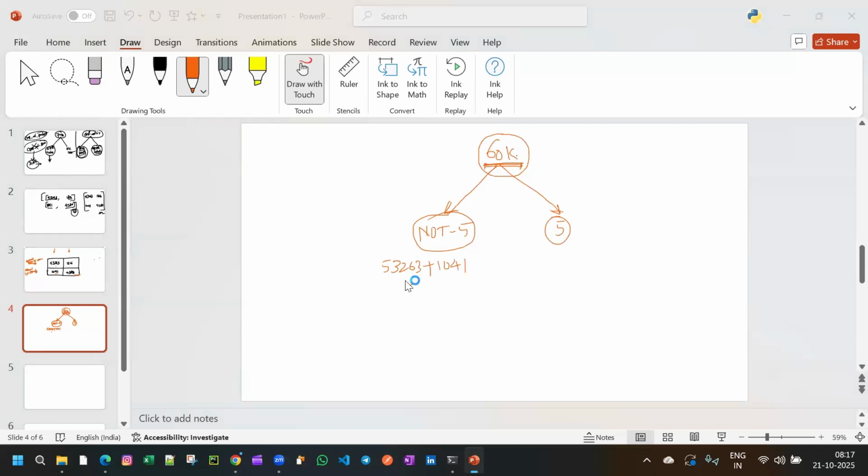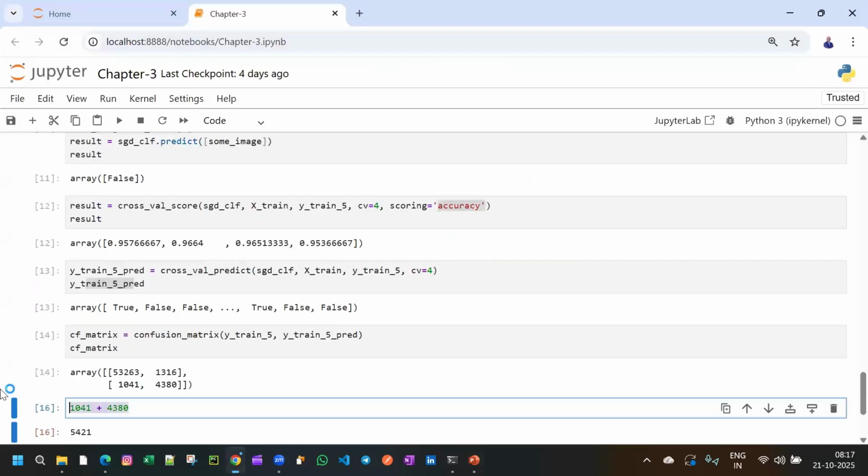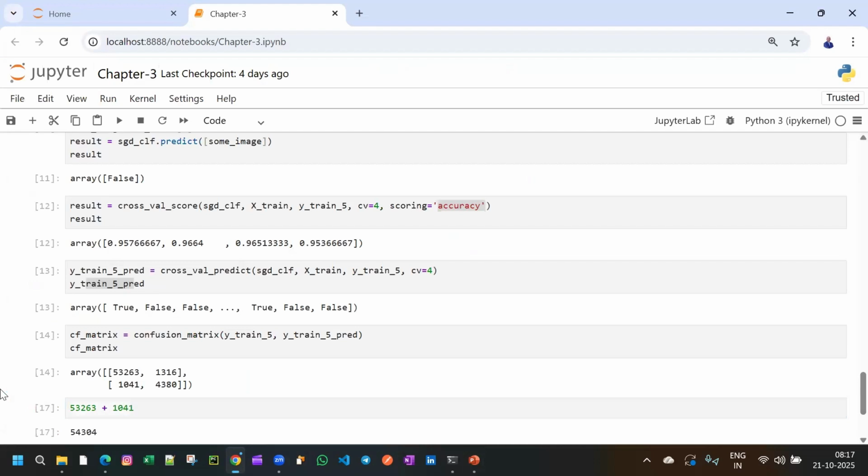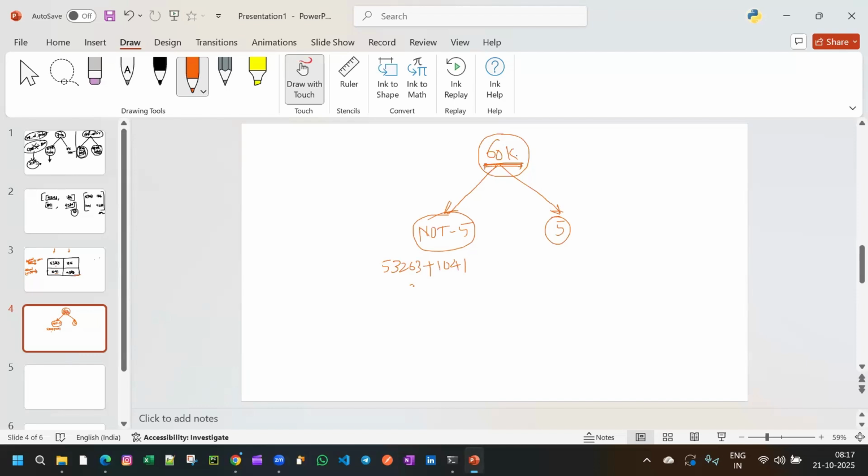Let me calculate. 53,263 plus 104 equals 54,304. So out of the 60K images the model is taking for prediction, my model has predicted 54,304 images as not 5.